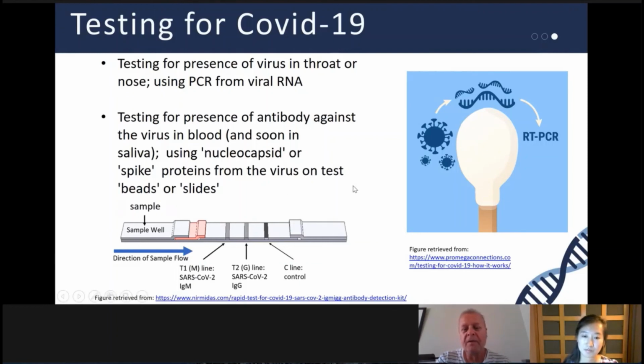But if you want to test if someone has had the virus previously, then one way is to look at whether that person still has antibodies against the virus in blood, and hopefully one day soon in saliva as well, using a fairly simple slide similar to a pregnancy test.